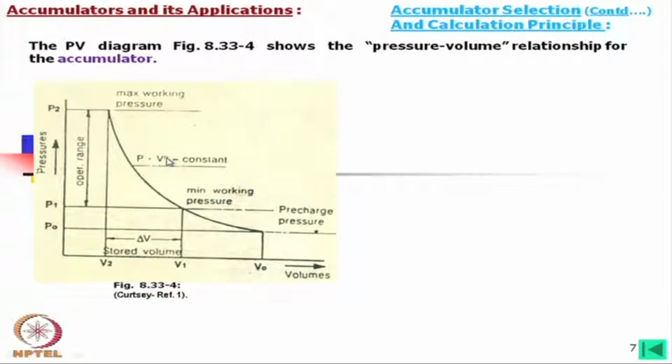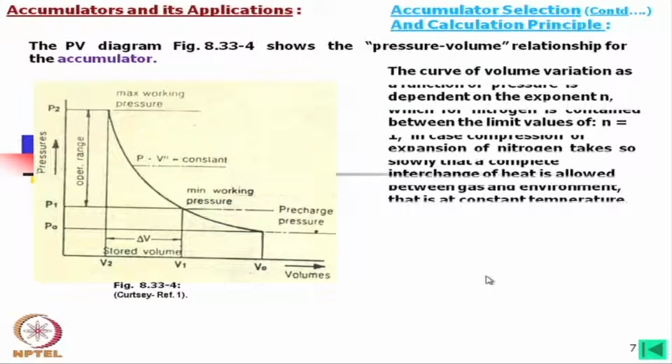Now, obviously, if N is equal to 1, this is a straight line, but ideally it would follow this curve. Whatever the value, the curve is of this nature.